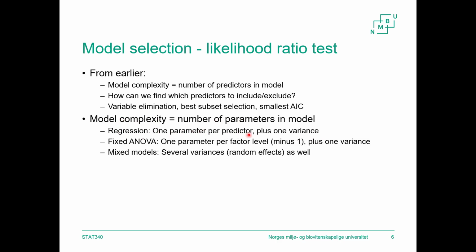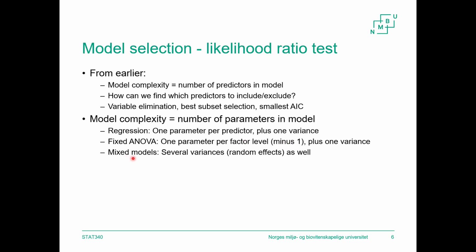It's the number of parameters, which is always one more. In fixed effect ANOVA, there is one parameter per factor level, minus 1 because of the reference level, plus one variance again.